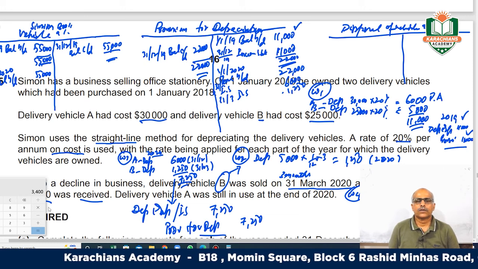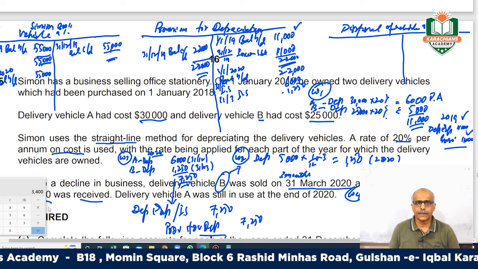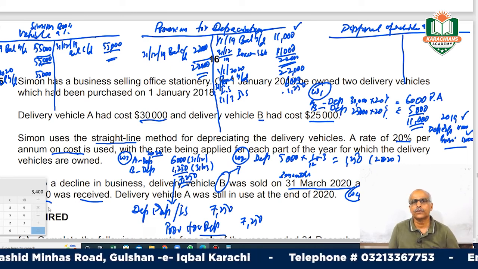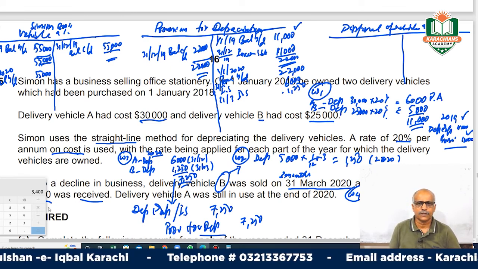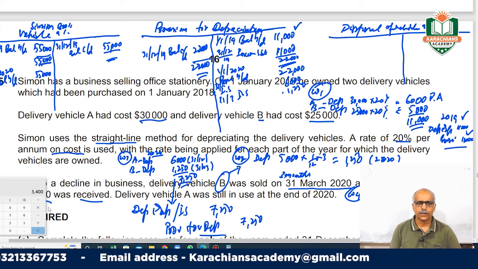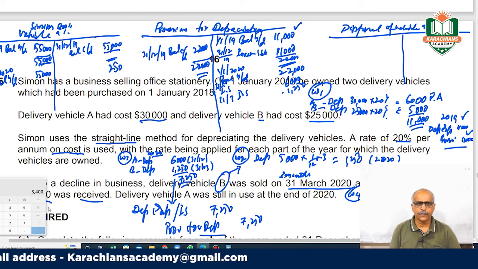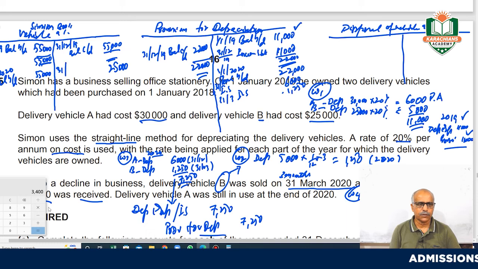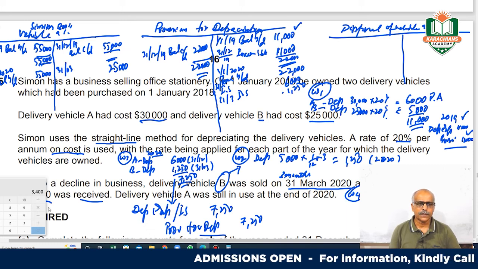And you remember when we dispose of equipment, the total cost of the equipment is credited and it is transferred to the disposal account. Disposal account is debited. So out of this 55,000, 25,000 you will credit, okay, and this entry you will make on 31st of March.